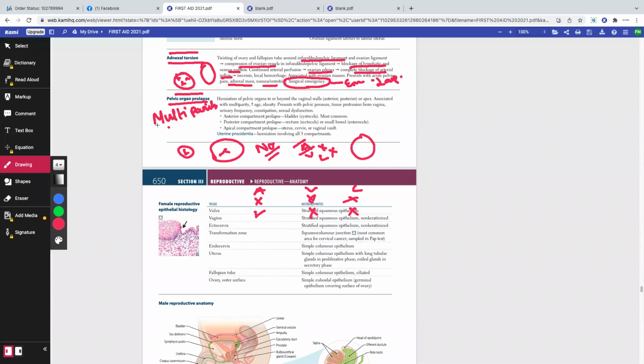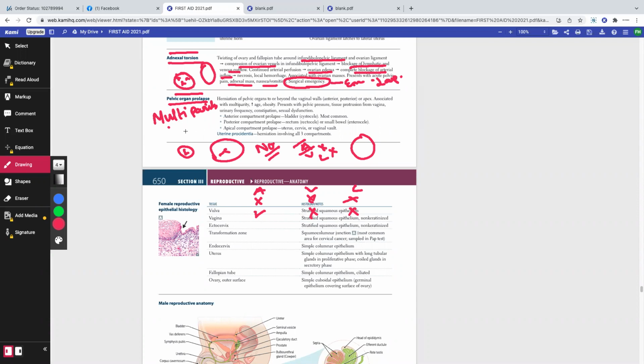So risk factors are very important because this is how the question will describe the patients to you: a patient with a history of multiparity, or a patient whose age is above, say, 42 or 43, or a patient with a BMI of more than 30. And what is the number one complaint that they will have?